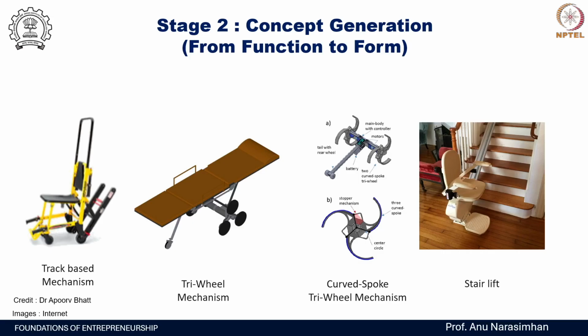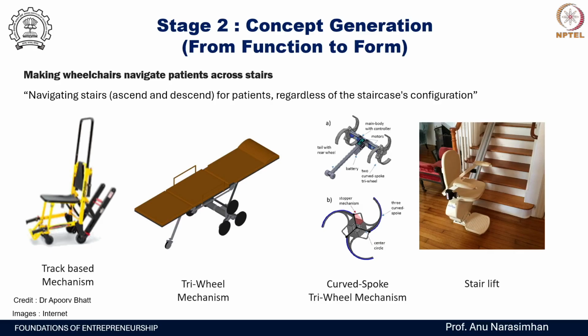So, the problem statement given was making wheelchairs navigate patients across stairs, and this is a common problem. People who can't walk and are in wheelchairs find it practically impossible wherever there are stairs.